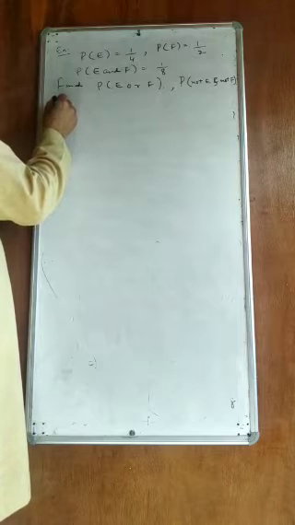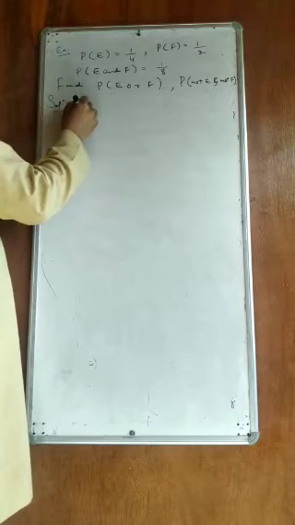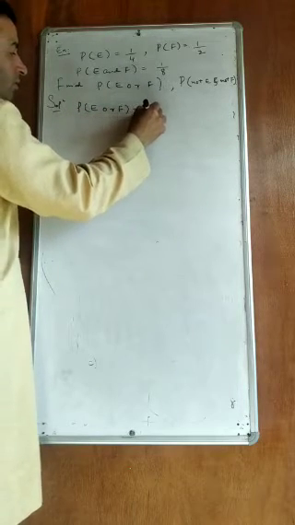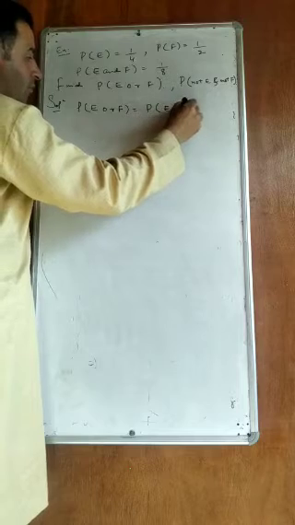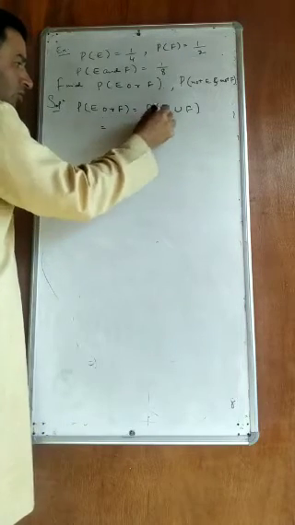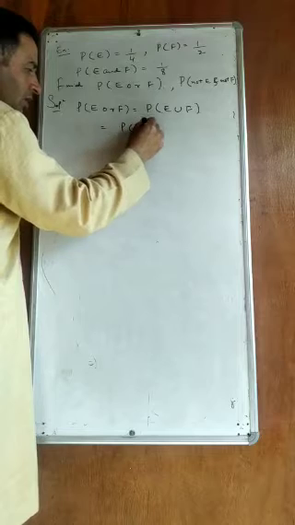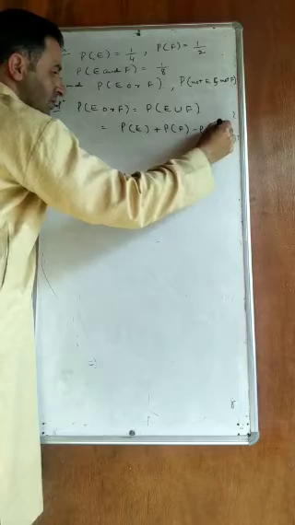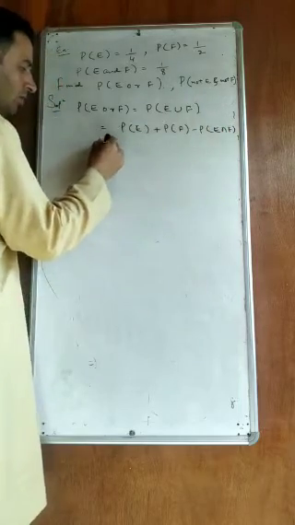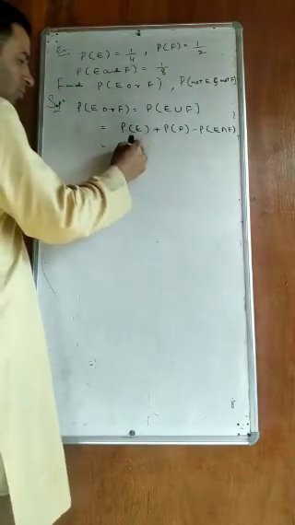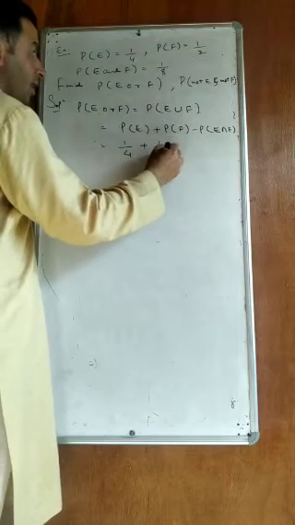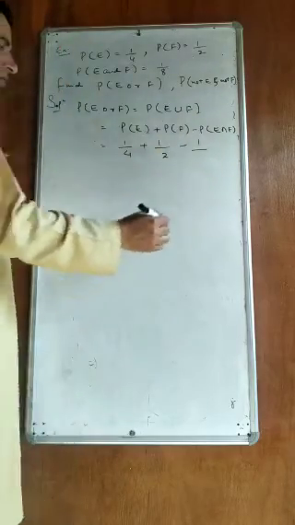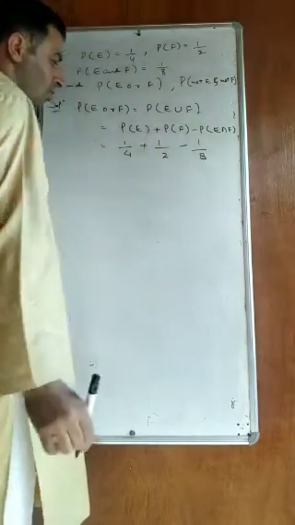We can write in the solution, probability of E or F is equal to probability of E union F, and we know that probability of E union F is probability of E plus probability of F minus probability of E intersection F. So probability of E is 1 by 4 plus probability of F 1 by 2 minus 1 by 8.